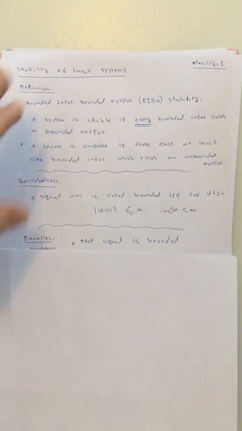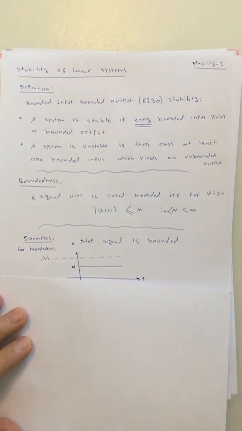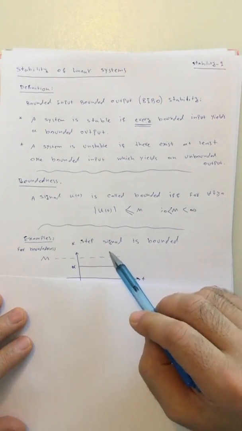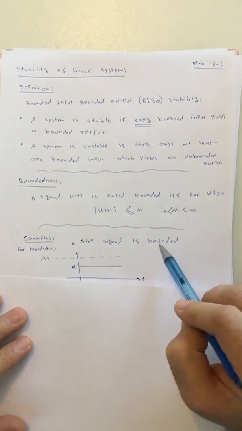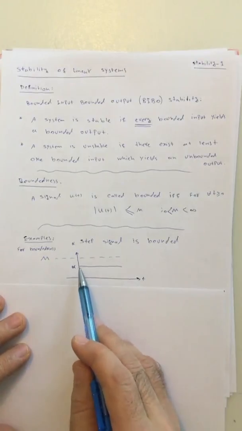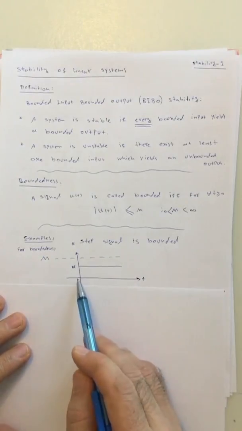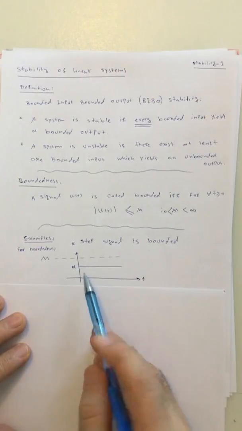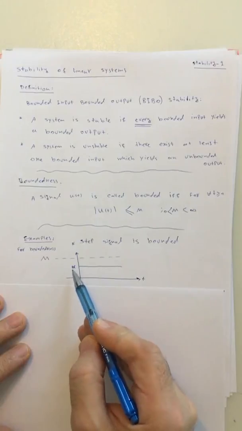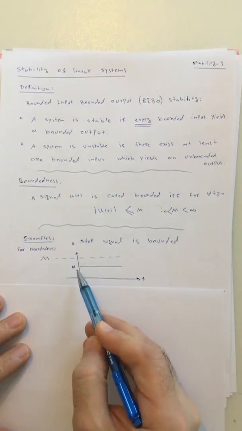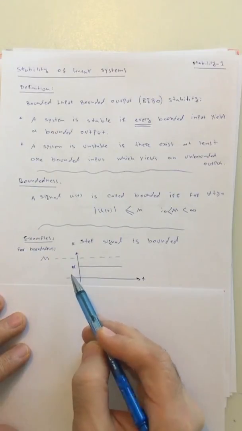Let's see some examples for the boundedness of a signal. The first example is a step signal. I'm going to show that the step signal is bounded. It's easy to show because, as you could see, the step signal is 0 when time is negative, and it is alpha when time is positive. And by the way, alpha doesn't have to be 1. If it is 1, we call the signal a unit step, but in general it could be alpha.